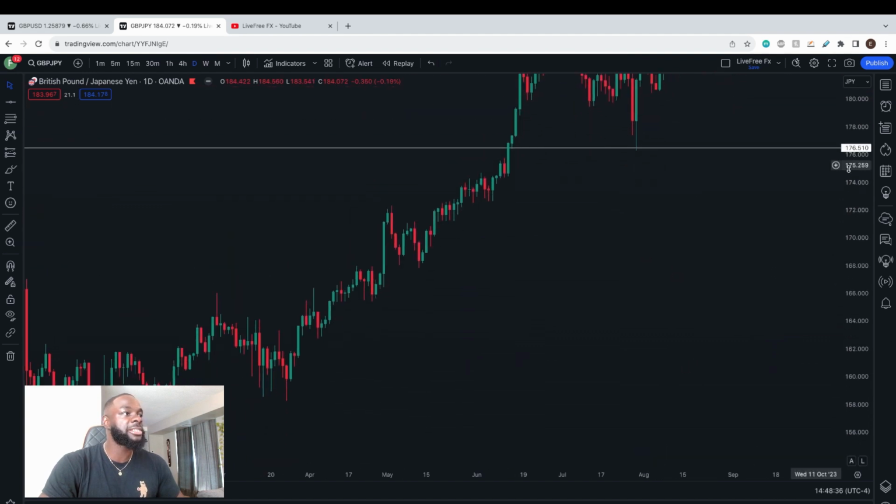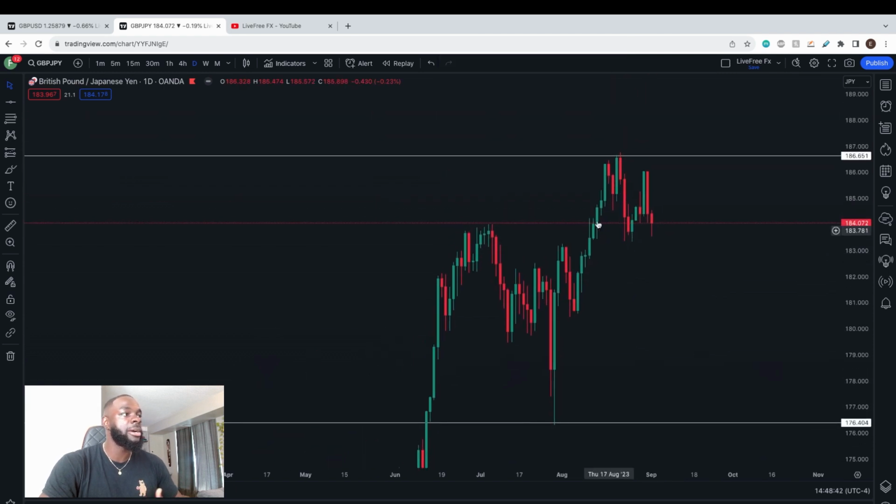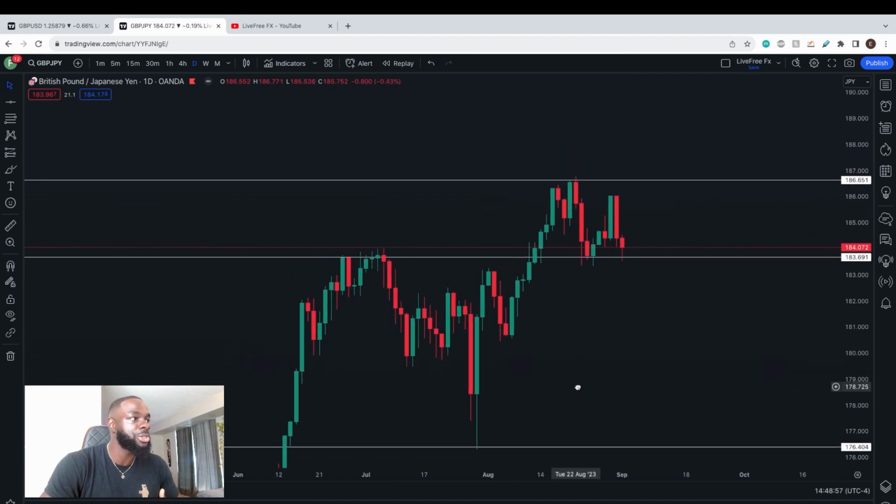We know that if more sellers want to come to the market, they're going to have to take out this low. But based on what we see right now, do we have enough confluence to even be a seller? Personally, right now, I would say we're still very much in a buyer's market because we haven't necessarily broken any market structure overall.